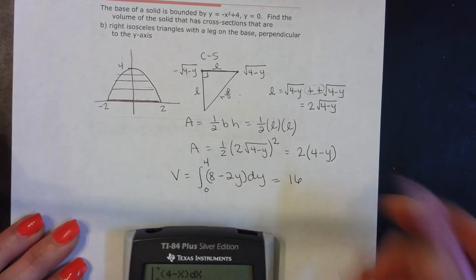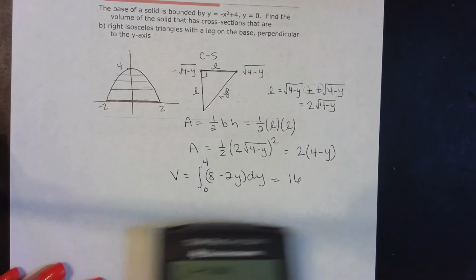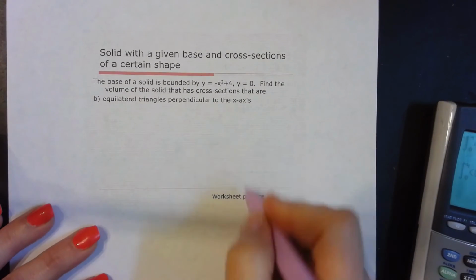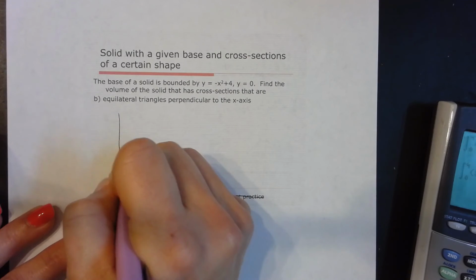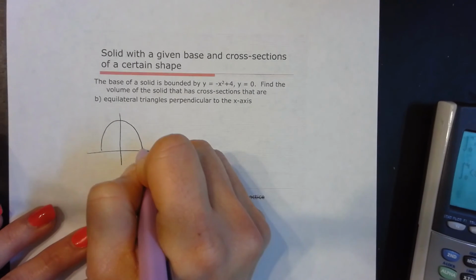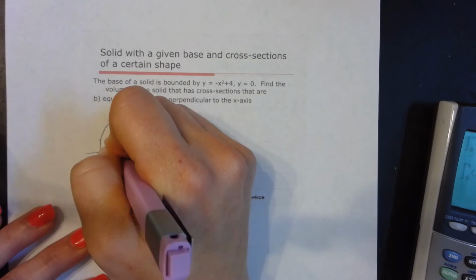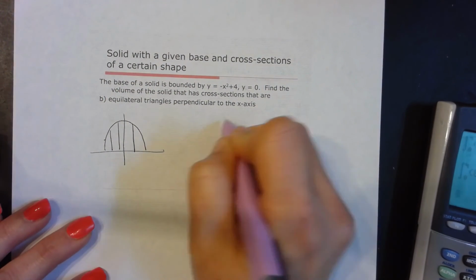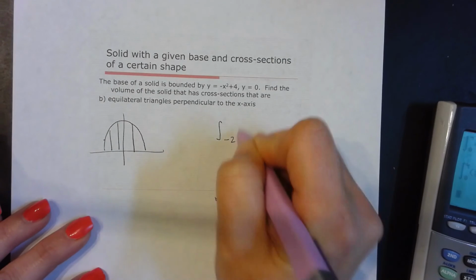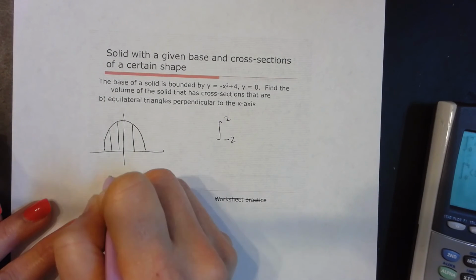Just to notice in this example, it's the same curve. We're slicing it with respect to the x-axis again this time. So we're going to do from -2 to 2. Our cross-section goes from the curve down to the x-axis.